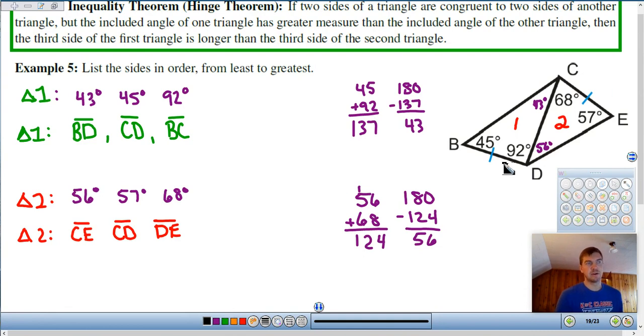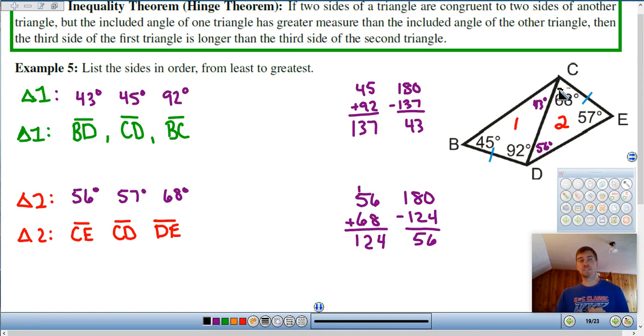Now, in this diagram, 92 is the largest angle. And it's possible that BC, because it's across from the 92, is the longest side in the entire diagram. But we don't know that just based on the fact that 92 was the largest angle in the diagram.